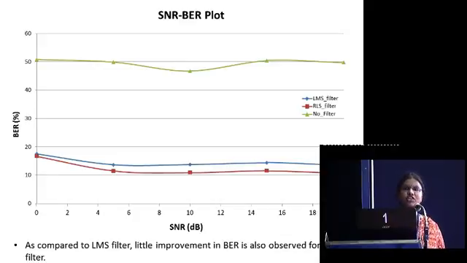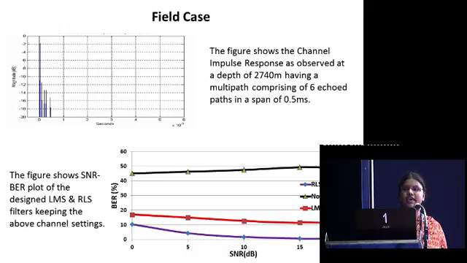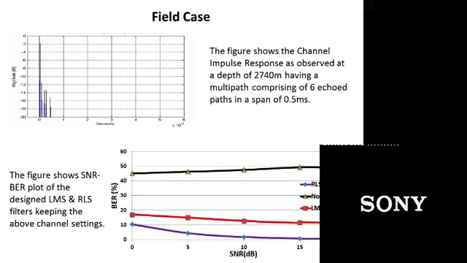This is an actual channel impulse response taken at a depth of 2,740 meters. In such scenarios, how the filter performs is shown in the plot below, which is the BER plot. We can see that if we maintain an SNR of 20 dB, the BER is almost 0.